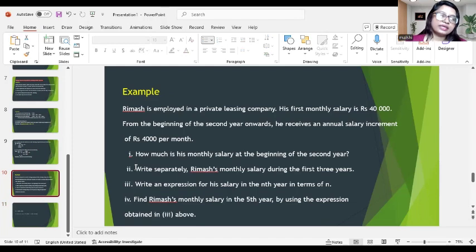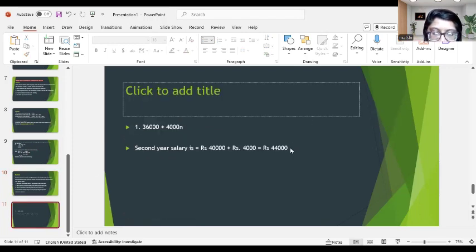Then the second question is, write separately Rima's monthly salary during the first 3 years. What about his first 3 years monthly salary? Okay.